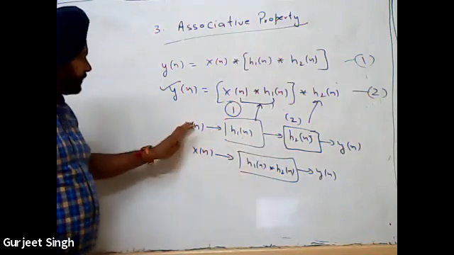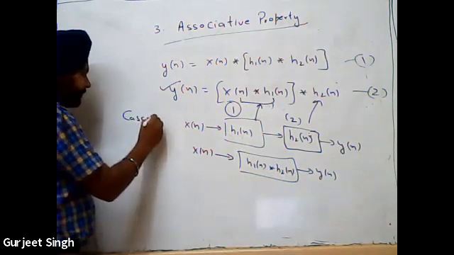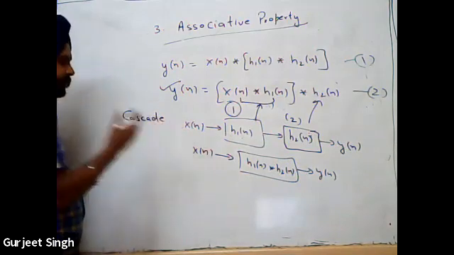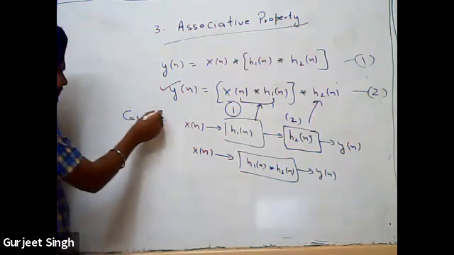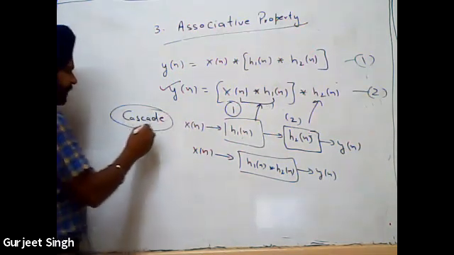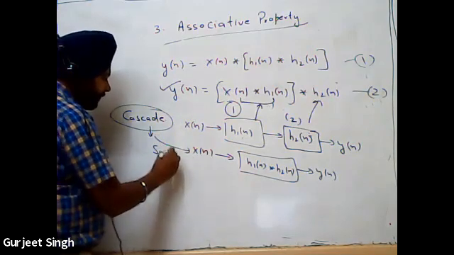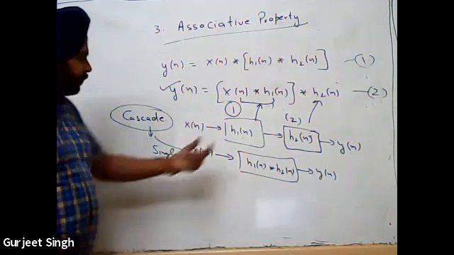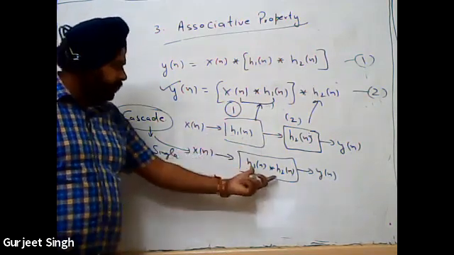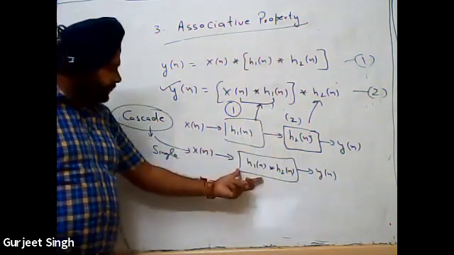A cascade system means two systems are connected in series. Then this cascade system is replaced by a single system. Instead of using these two systems, we are using a single system.